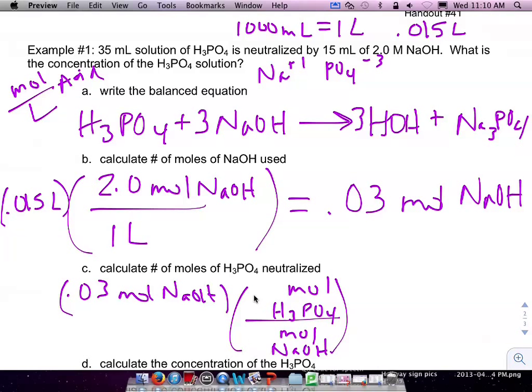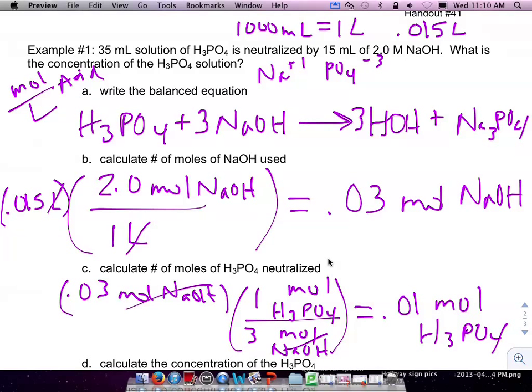I plug in these numbers from my balanced equation: 1 goes with H3PO4, 3 goes with NaOH. So 1 and 3 is my ratio. Then it's 0.03 times 1 divided by 3. Once again, do that in your calculator, or I can do this one in my head: 0.01 moles of H3PO4, because NaOH went away, because it's a switchover step.